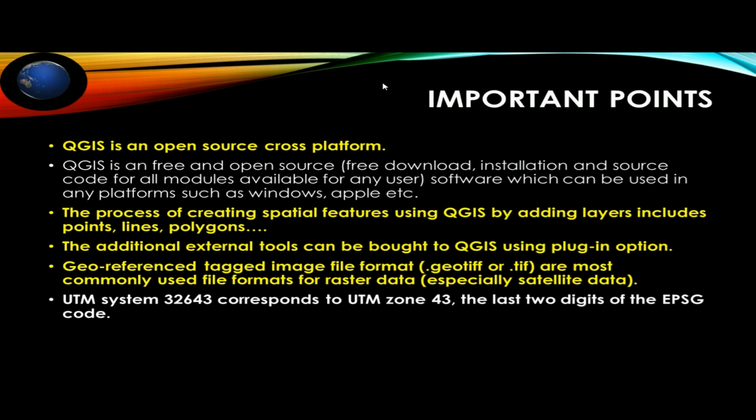So always copy all the formats, then forward it to anyone, then only it will be able to work on any other system or any other person's tool. Or else if you just share the .shp, it won't be supported by QGIS. So it has some associated or auxiliary files with it, I am talking about vector data.